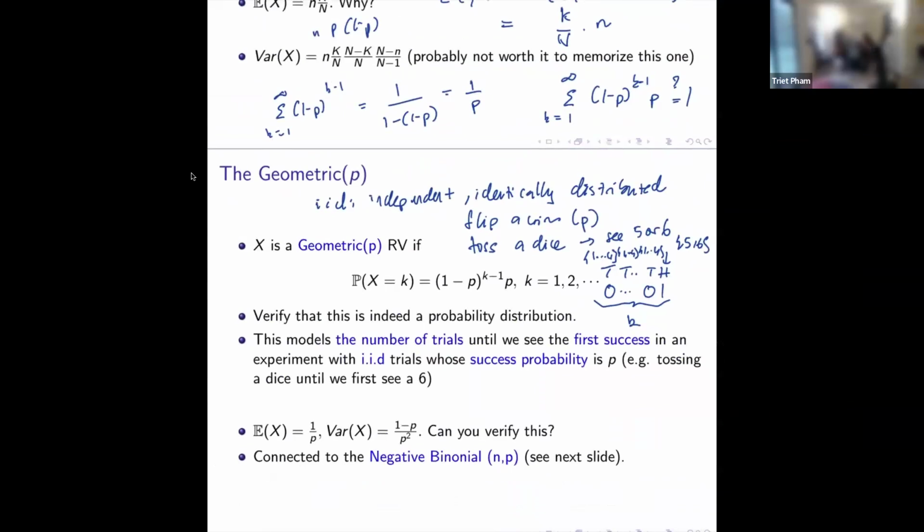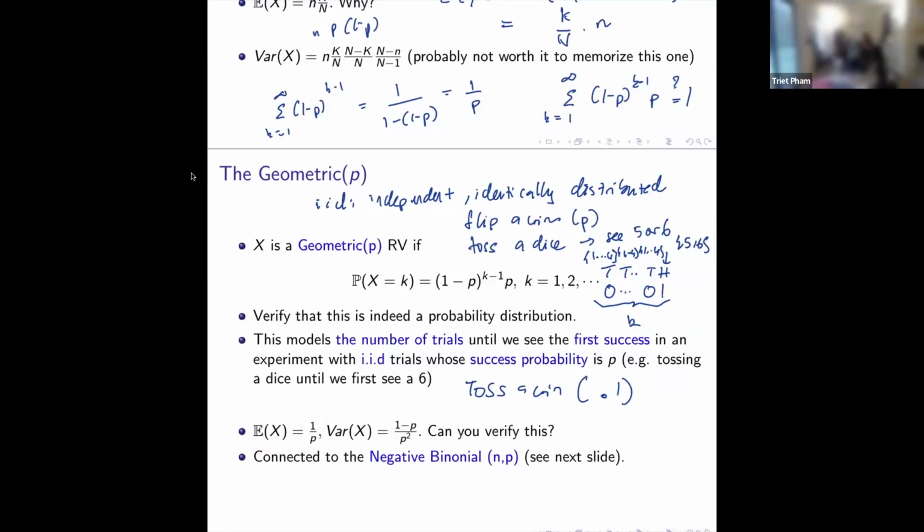Okay. Now, what about the expectation? First of all, let's talk about the meaning of the expectation. It's quite intuitive. For example, suppose you toss a coin or you perform an experiment whose success probability is 0.1.